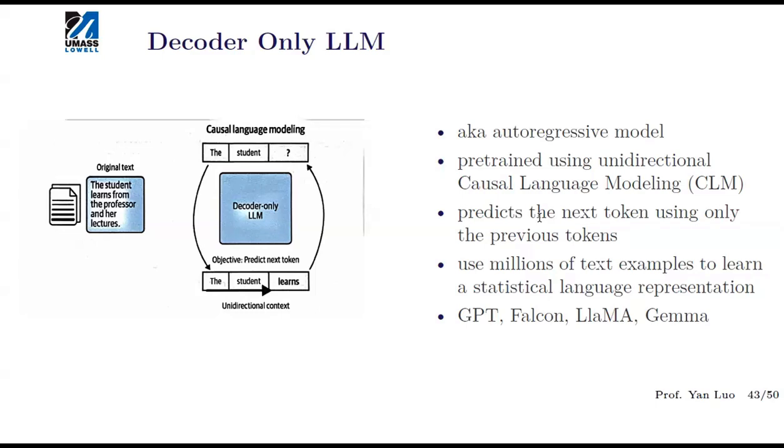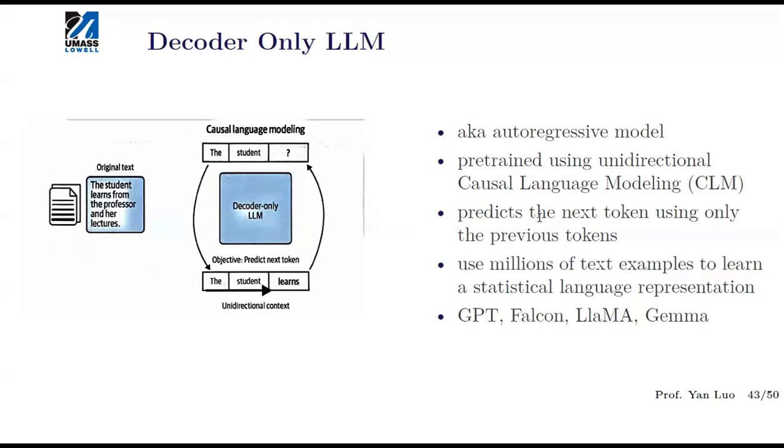It is essentially what we can intuitively think: we have this input, and we want the model to predict the next token. That's what causal language modeling is for.